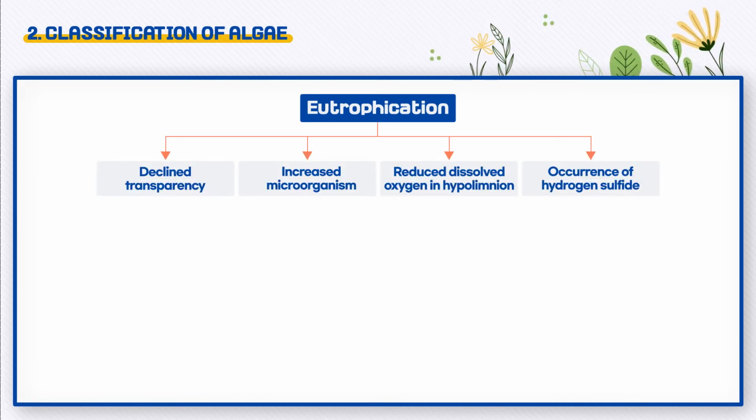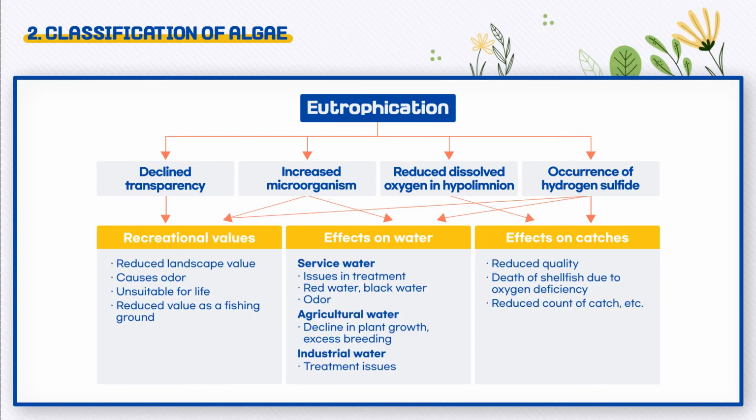When eutrophication occurs, issues with the water quality occur, such as a decline in the transparency of lakes and reservoirs, increased microorganisms, and reduced dissolved oxygen in the hypolimnion, which results in various negative effects on the use of water and a reduction of landscape value, and can also cause a reduction in the number of catches.